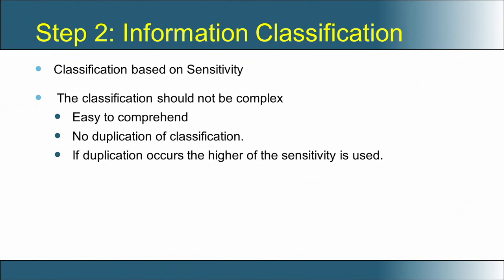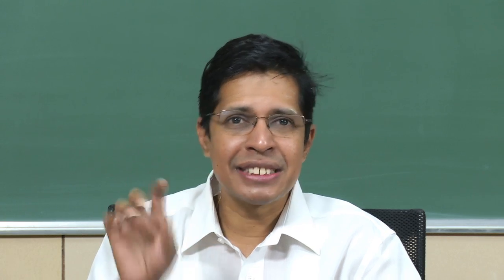So you basically classify based on the sensitivity of the information. But again, this classification should be easy to comprehend. You should not have a classification that people can't even understand.